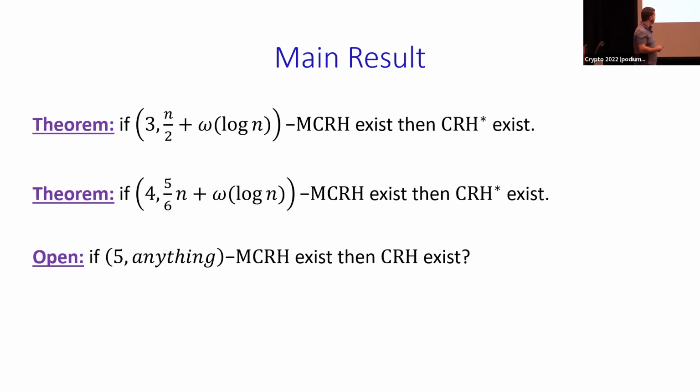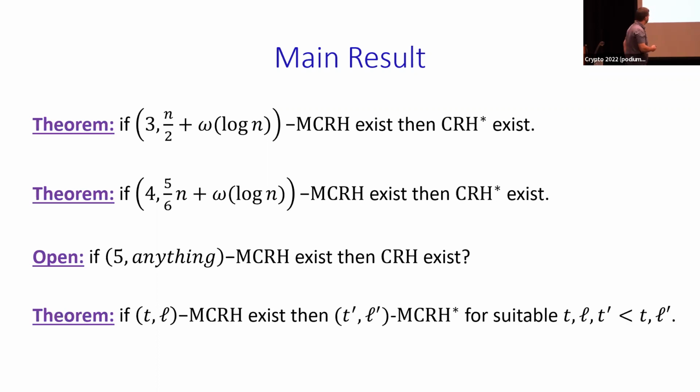We'll get back to it towards the end. What we do know how to show is that if you give me any T-L MCRH, then we can construct from that a T'-L' MCRH, where T' is less than T. So we've reduced the size of collisions, but L' is larger than L, so we pay in terms of the shrinkage. The exact parameters for which it works are a horrible equation that I did not want to put on the slide.